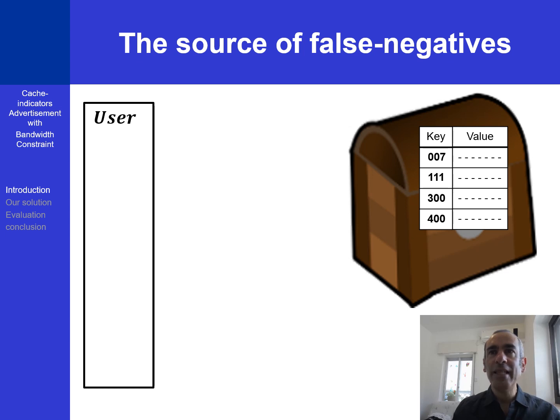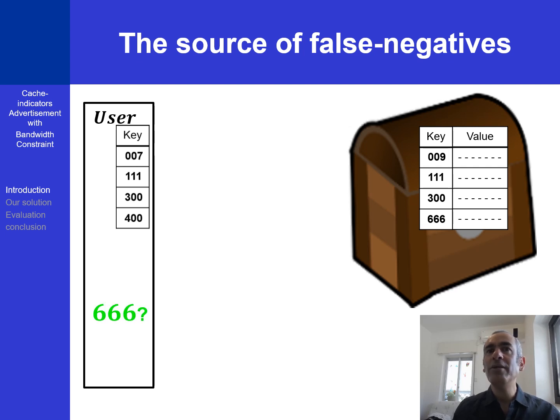Let us understand the source of false negative events in such advertisement of indicators mechanisms. Consider a cache which generates and advertises an indicator. Now, after the cache advertises the indicator, the cache replaces some of the items it contains.